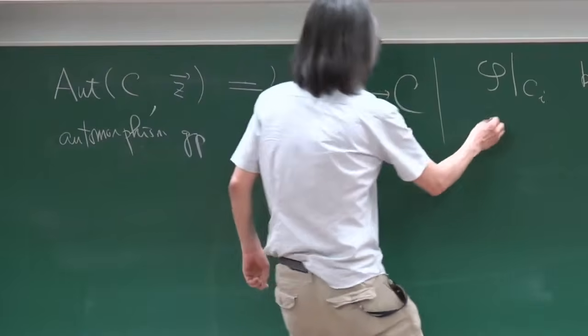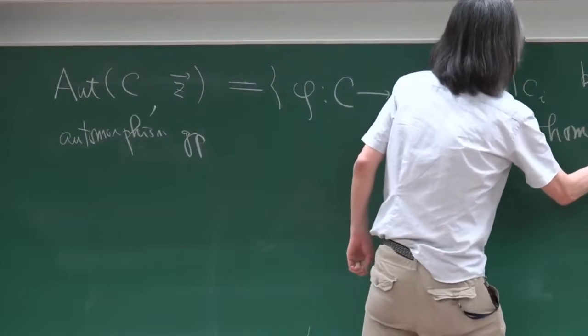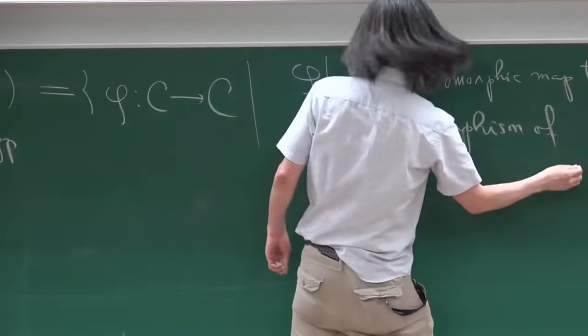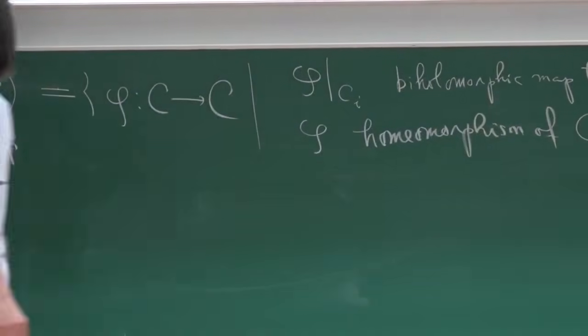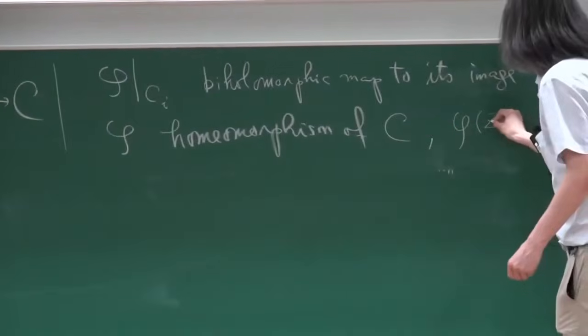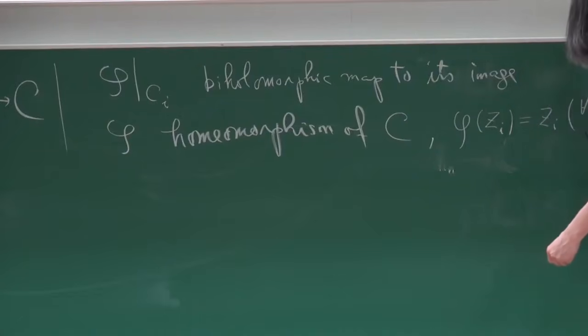So therefore, maybe I just assume phi is a homeomorphism of this C. And finally, for each marked point, I assume that Zi is mapped to Zi for any i, 1 to k.